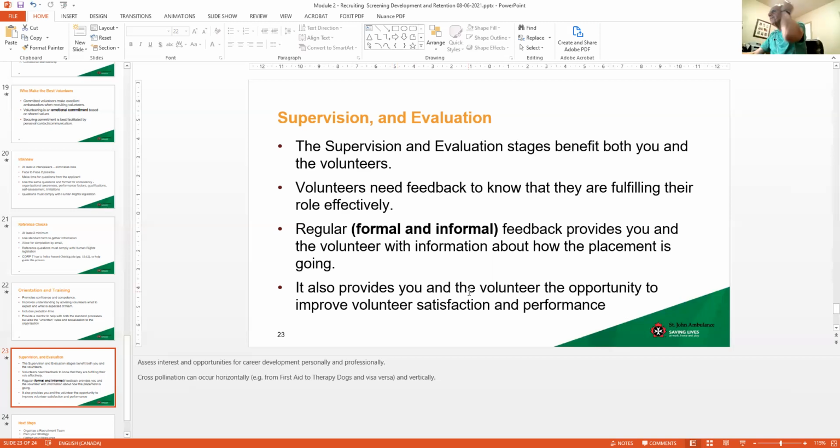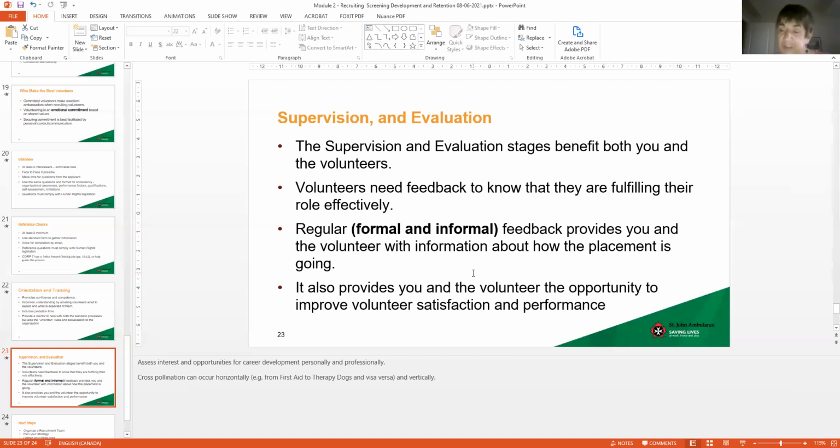So they need to know they're fulfilling their role and feeling valued. That's what I think it's about. About role fulfillment. Does that make sense?